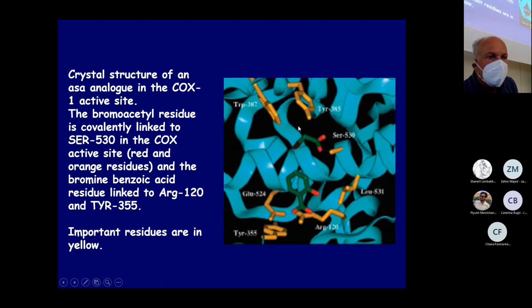So you can see the acetylation of the OH and the residue of salicylic acid inside the active site of cyclooxygenase. In particular, you can also see the bond between arginine 120 and the acidic function of salicylic acid. So we have a snapshot of the situation inside the enzyme.